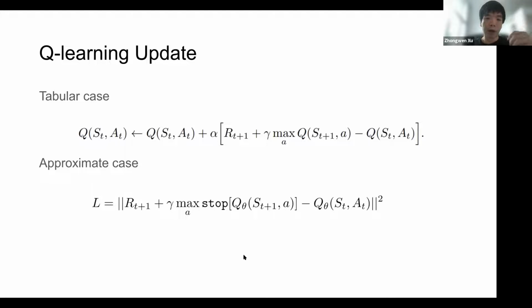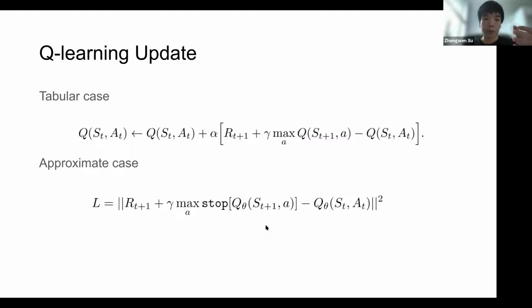However, in the neural network case, which in the most general sense, as described in the reinforcement learning book, is called the approximate case, the Q values of a state might be possible to generalize to other states.